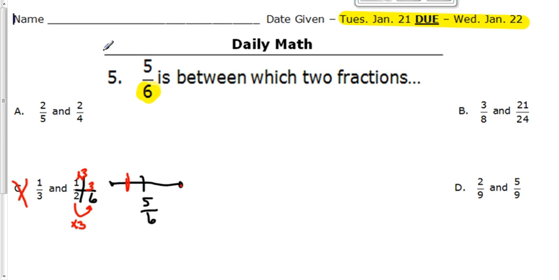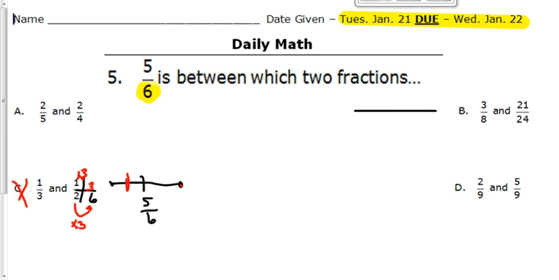Okay, looking at the rest of the denominators here, 8 and 24. Well, 6 can go into 24, and so can 8. Why not go ahead and convert just the 6 and the 8 fraction this time? So there's my little line that I want to look at.